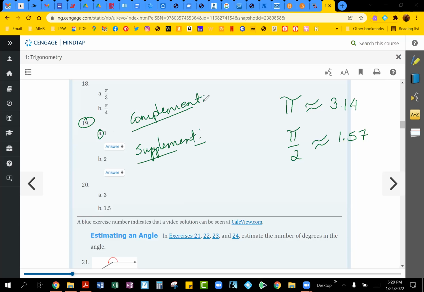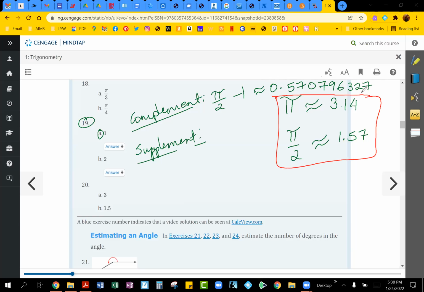So in this case, you can do pi halves minus 1, and I'm not sure what the rounding rules would be on this, but you can do 0.57, and of course these numbers keep going, so just use the rounding rule to see how far they want you to go. But you are able to find a complementary angle measurement.